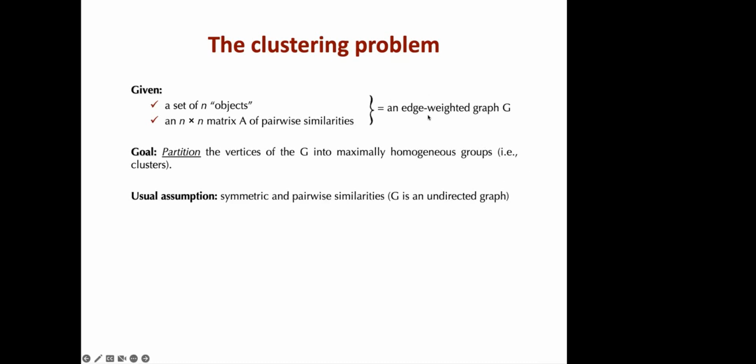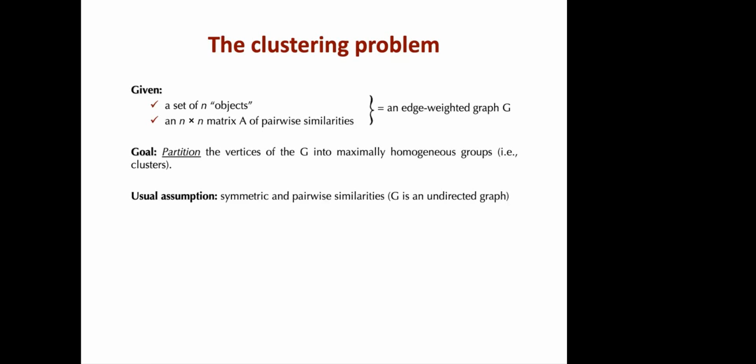These two perspectives are quite useful in the sense that sometimes it's useful to think of the clustering problem in terms of a graph with nodes and edges and weights on the edges. On other occasions, it will be more convenient to think of the problem in terms of a matrix, where the matrix tells you everything about the similarities.